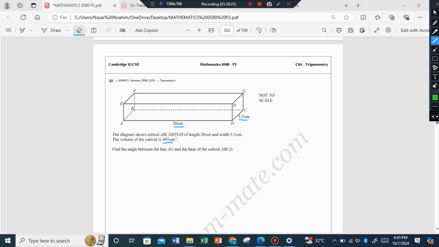So first we will make a line from A to G. We want to find the angle which is forming between the line AG and the base. This is the line AG, and this is the base.